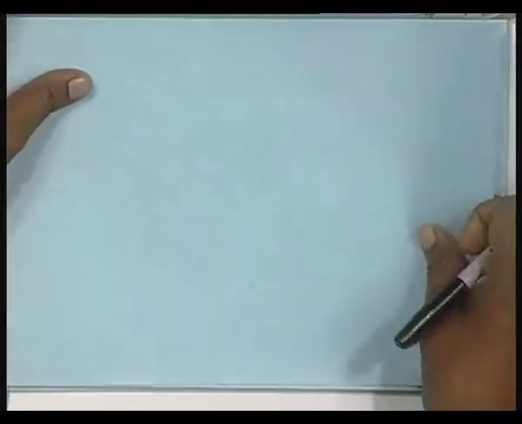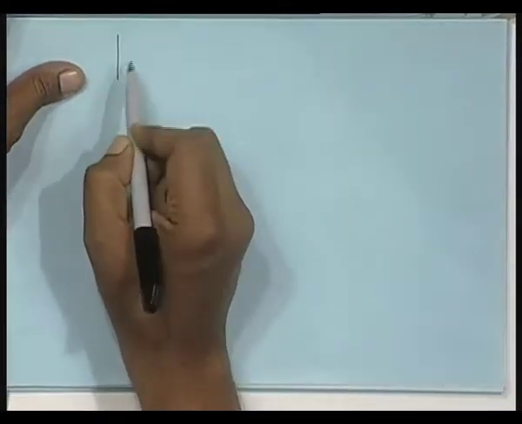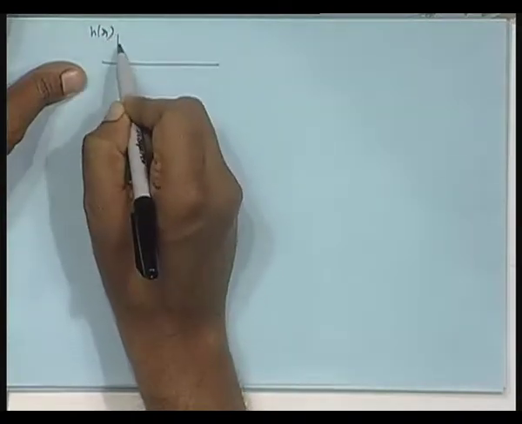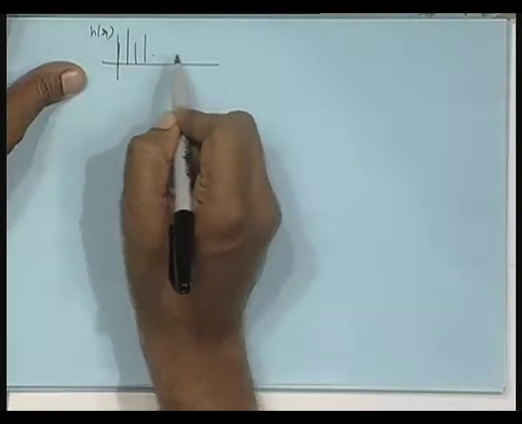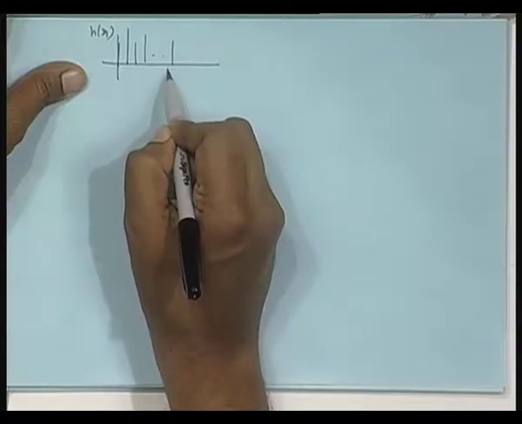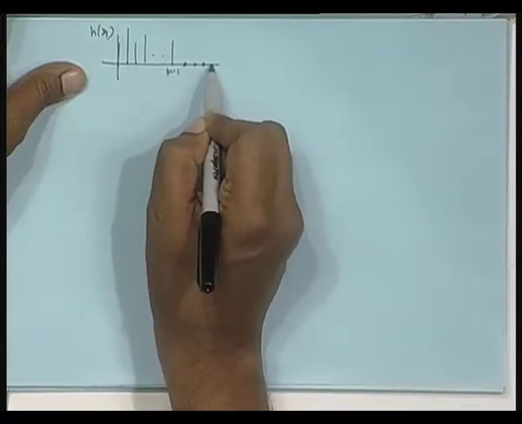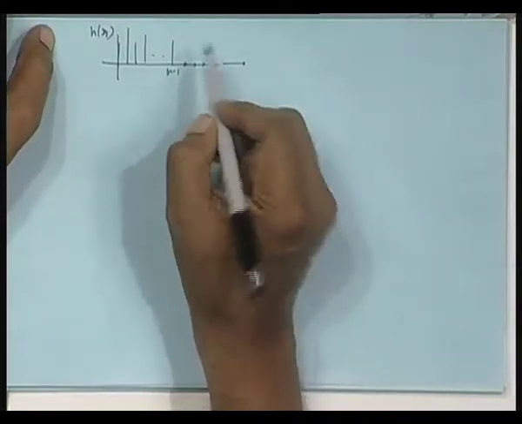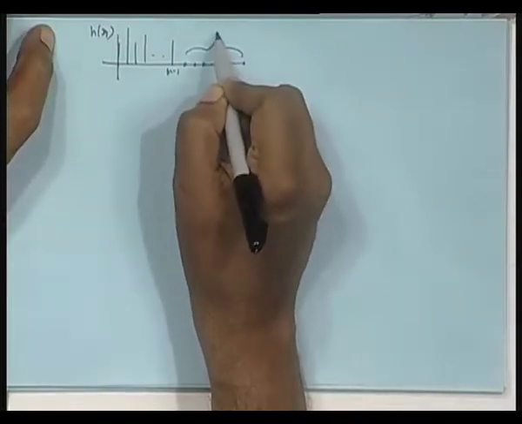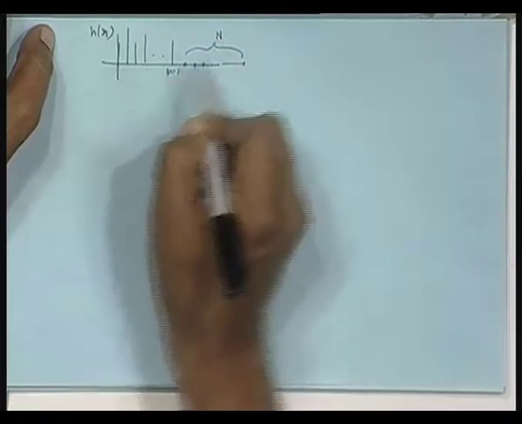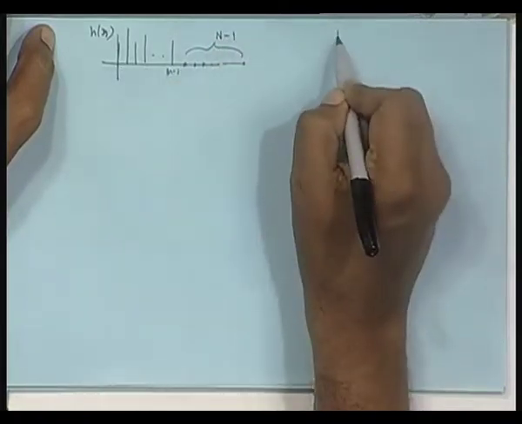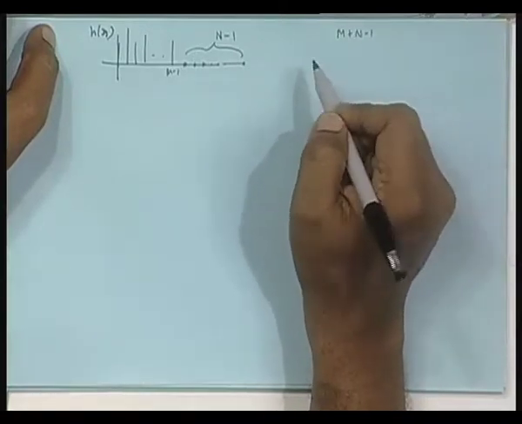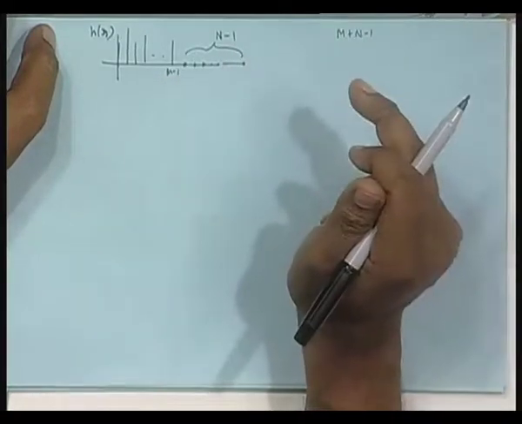So, what we did, your h n goes up to M minus 1, and then I have zeros. How many zeros? N minus 1 zeros, because M plus N minus 1 is the length of the linear convolution between x n and h n.